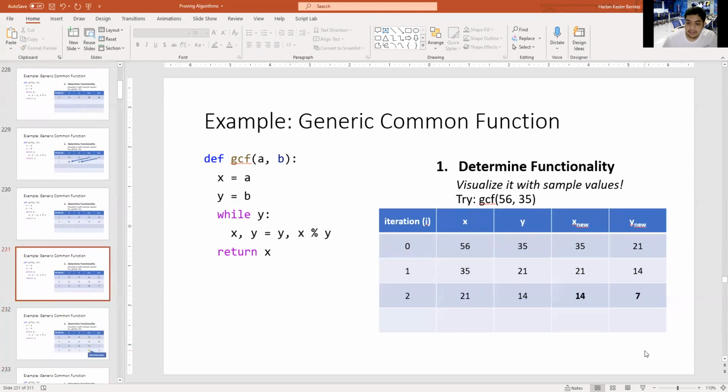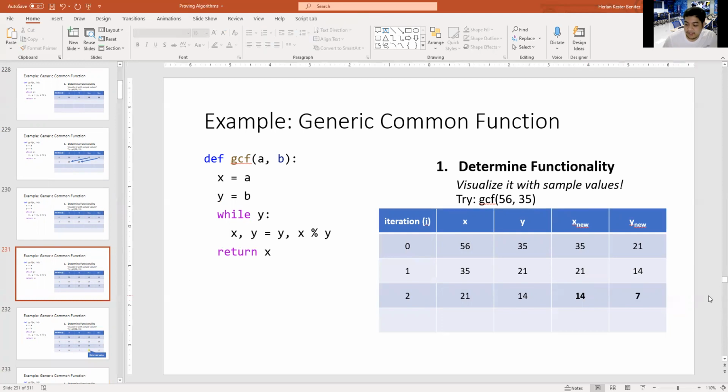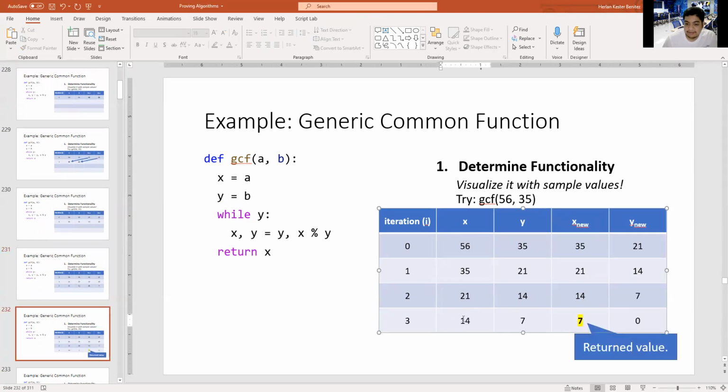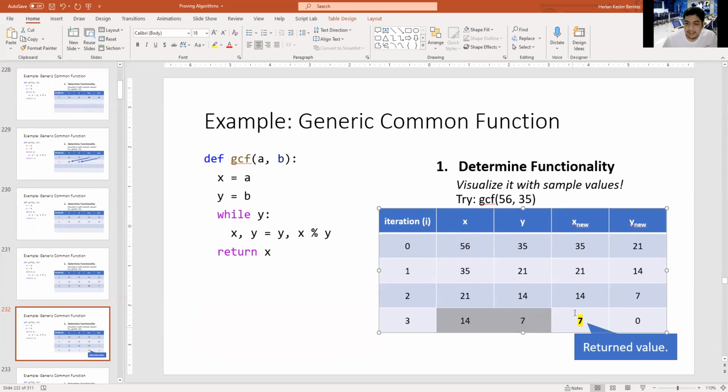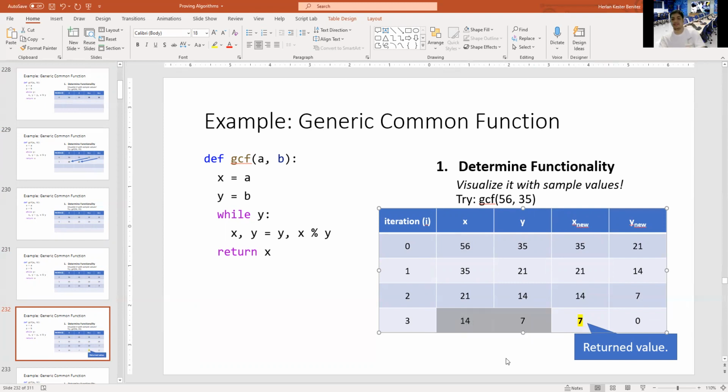Then sa next iteration, ganun pa rin, 21 and 14 mapupunta lang sa x and y. Yung bagong x is 14, yung bagong y is 7. And then sa next iteration, 14 and 7. So si x new ay maging 7 and yung y new is 0 kasi wala na silang remainder.